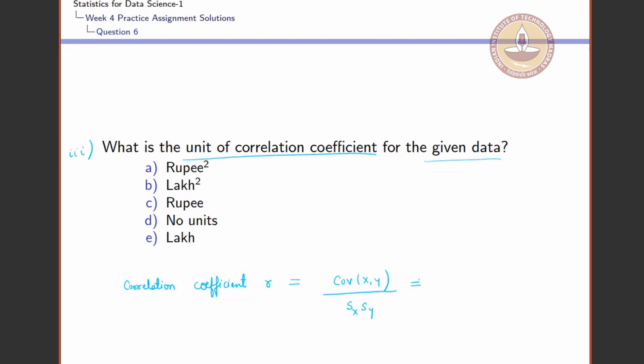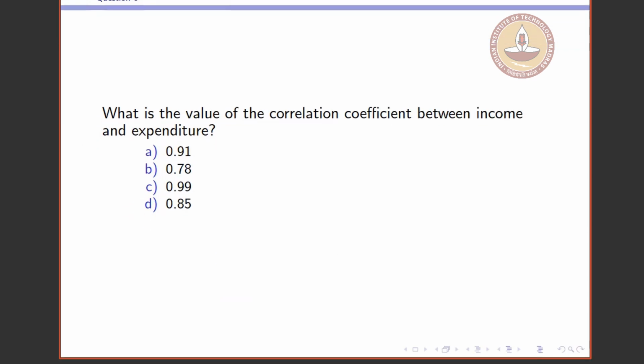As we know, the covariance of xy will be in lakh square, and the standard deviation is in lakh. So it will have no unit. So the correct option is D.